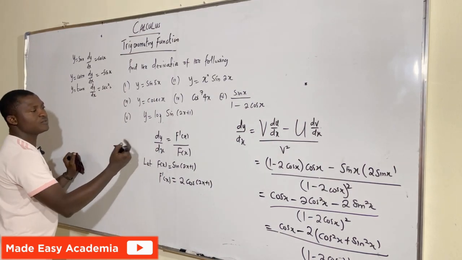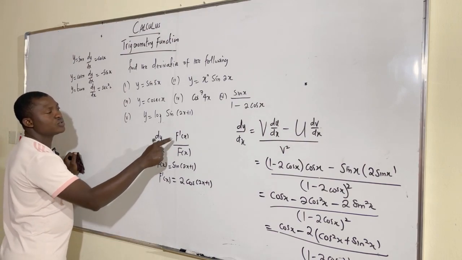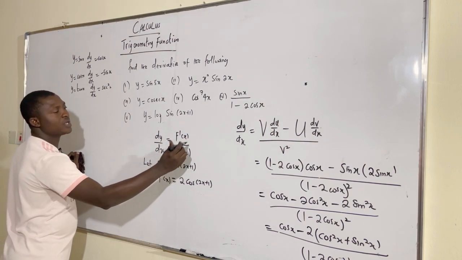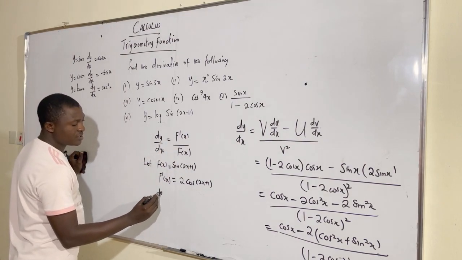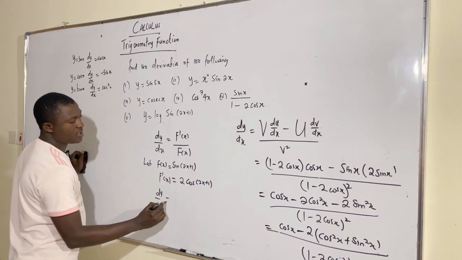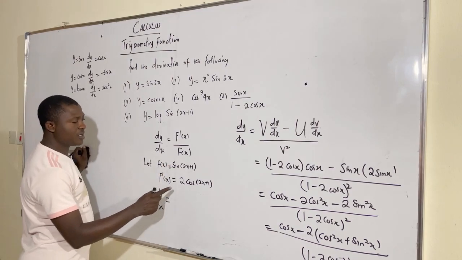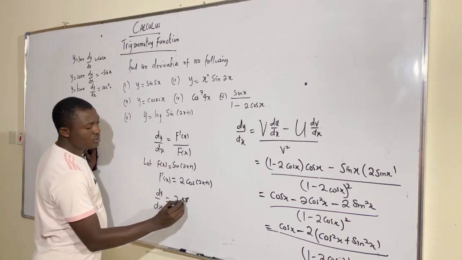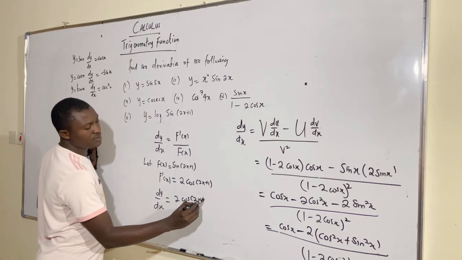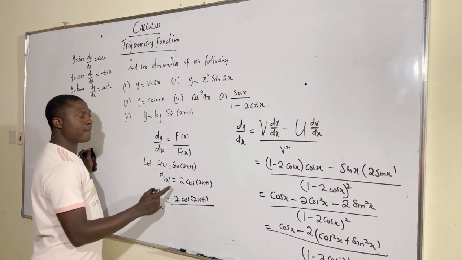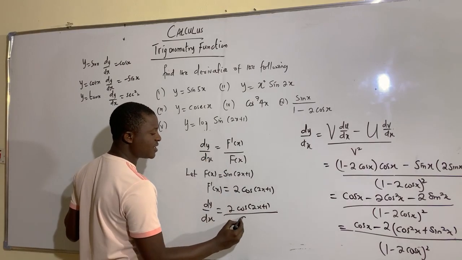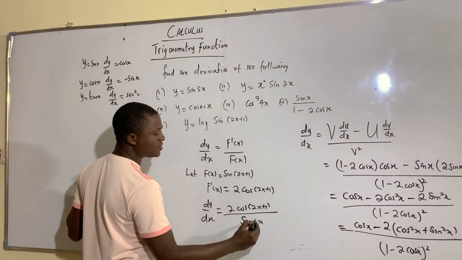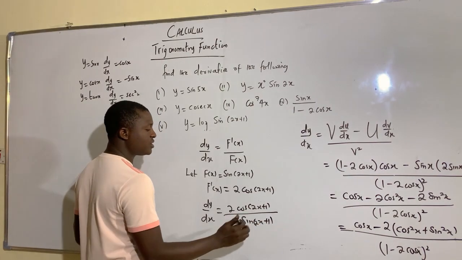So now, with the formula, dy dx is equal to f prime of x over f of x. So now, I can have dy dx to be our f prime of x, which is 2 cos 2x plus 1, divided by f of x itself, which is sine 2x plus 1. This is just another identity.